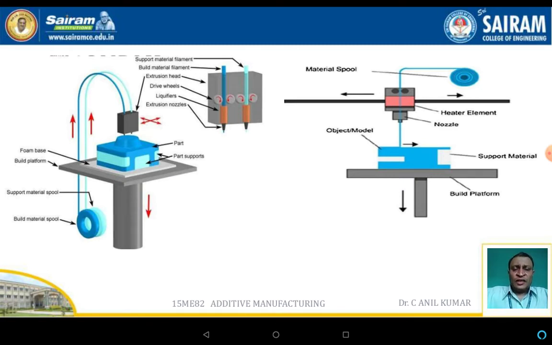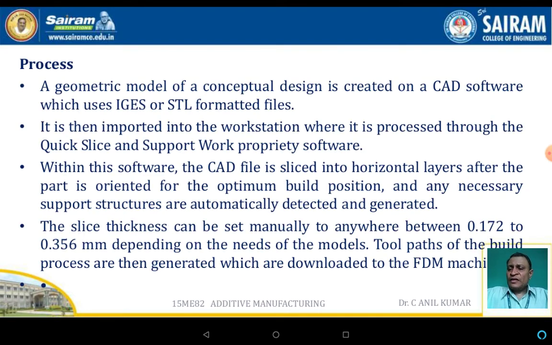The head consists of the heating element with a nozzle. From the spool the material is fed and the linear movement takes place through the guide. Especially in this technique, a supporting material system plays a major role, which is essential in designing the component.